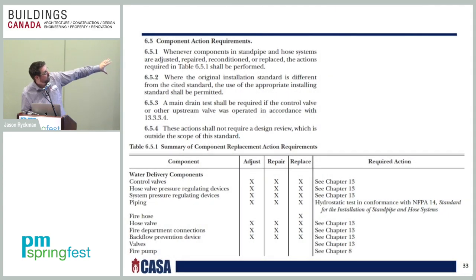So here's basically what it says in Table 651, Summary of Component Replacement Action Requirements. It tells you if the component needs to be adjusted, repaired, or replaced after your system goes back into service again. So just another good table to look at in the NFPA 25 document.